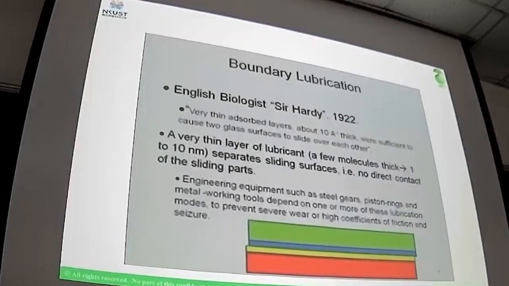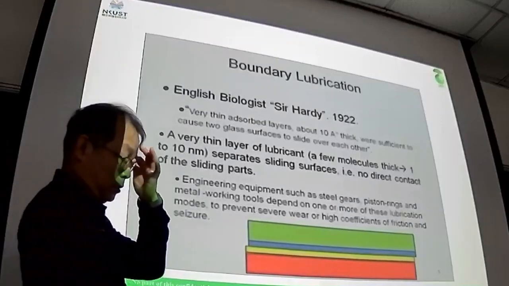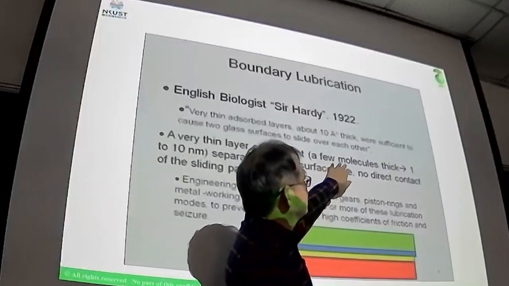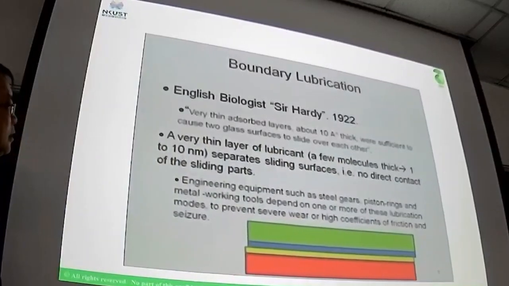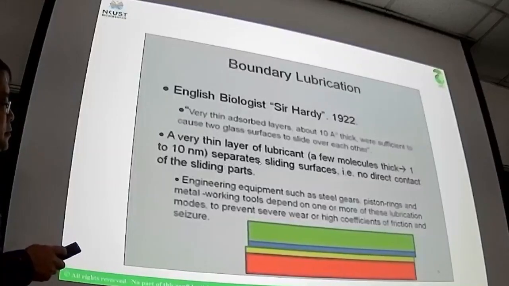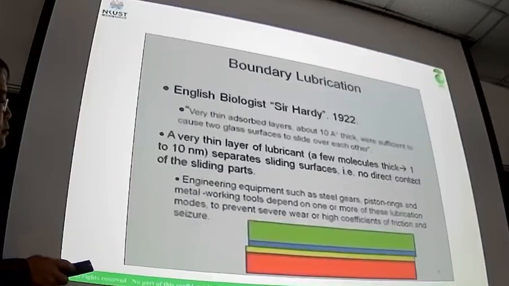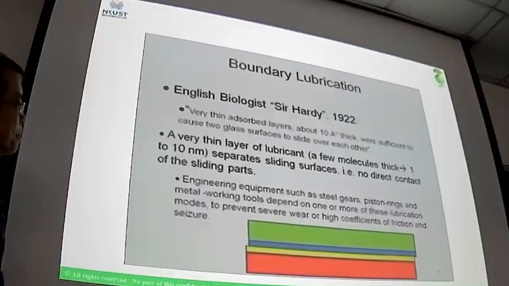So we also have a typical example here. A very thin layer of lubricant, a few molecules thick, 1 to 10 nanometers. Molecule is the thickness of one molecule, depending on what your lubricant's molecule is. It separates the sliding surfaces, so there is no direct contact of the sliding parts.